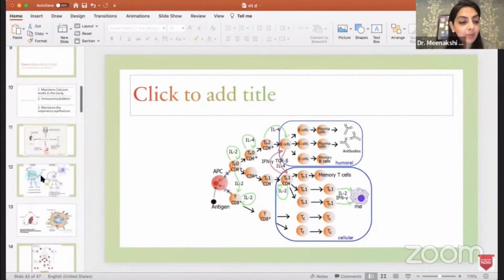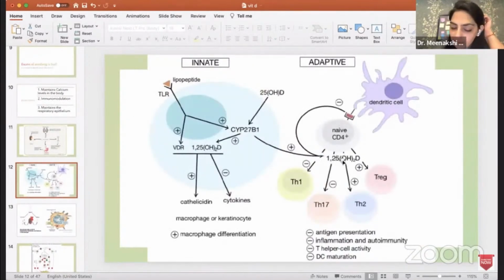I'll go back to this diagram now. So you can see that यहाँ पे vitamin D जो है ये inhibit करता है Th1 and ये stimulate करता है Th2 response को.